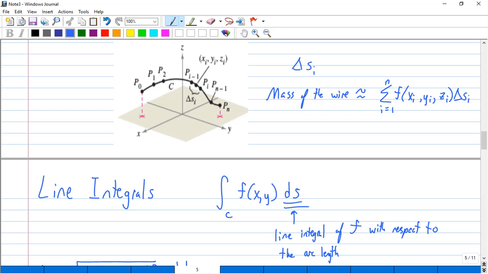So that's how your book explains a line integral, by imagining the mass of a wire with finite length.